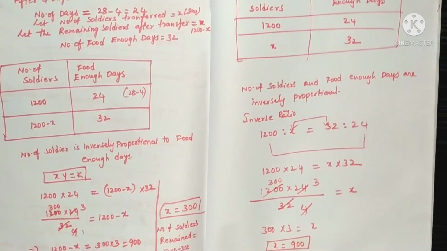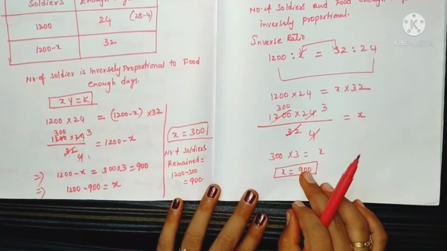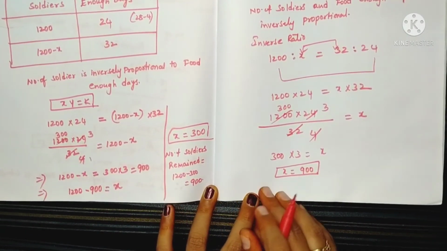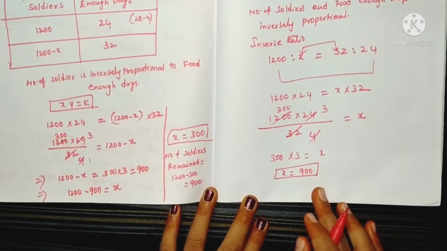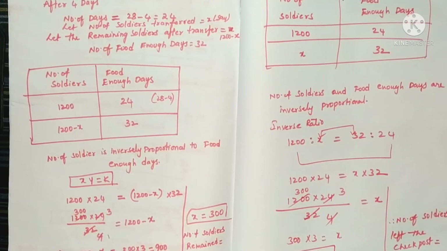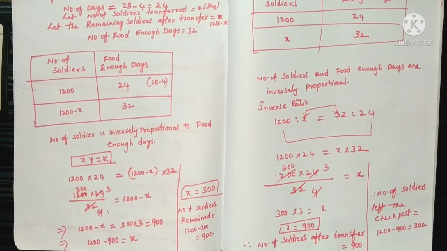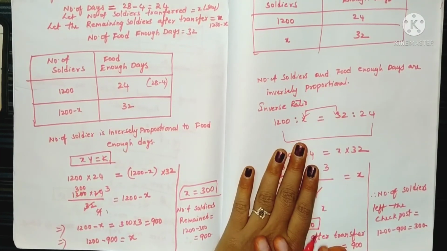So what is this x? The number of soldiers after transfer is 900. And the number of soldiers transferred is 1200 minus 900, that is 300. So these are the solutions. If you practice a little, children, you can definitely solve these very easily. So you can follow this method or this method, any one.